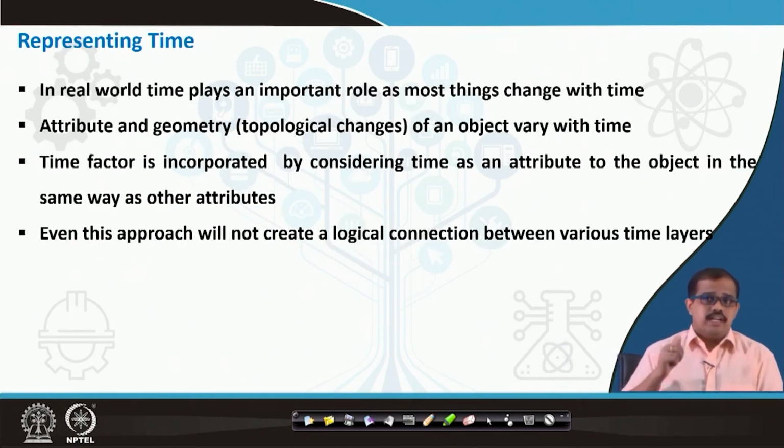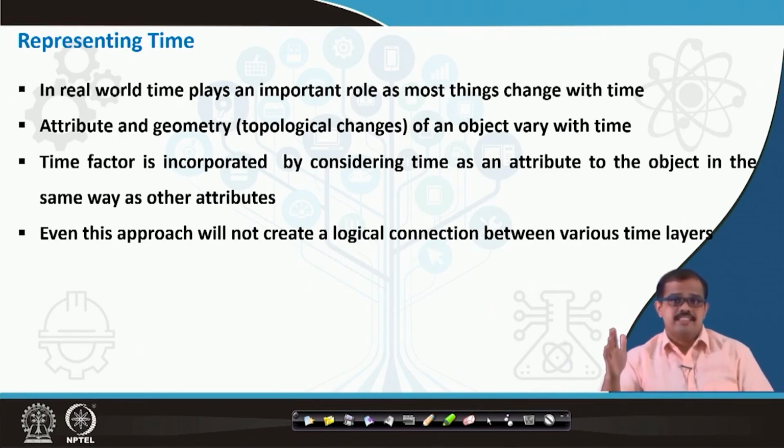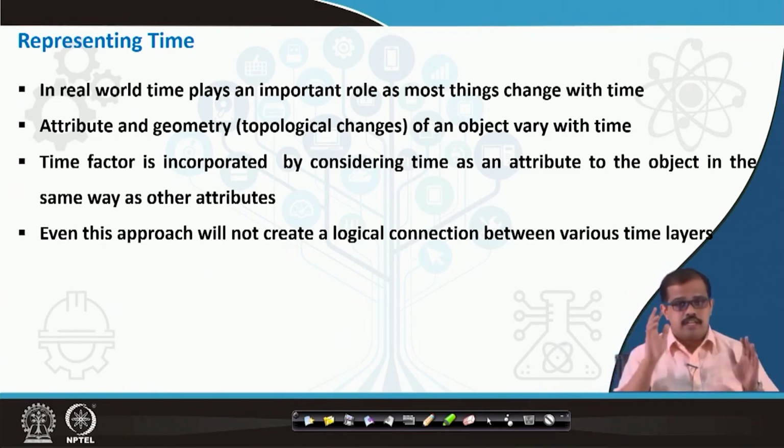I also said that in certain models we have to represent time. So how do we represent time? In the real world, time plays a very important role where things change. Attribute and geometry are two things that we see in a topological change of an object with time. Attributes change.